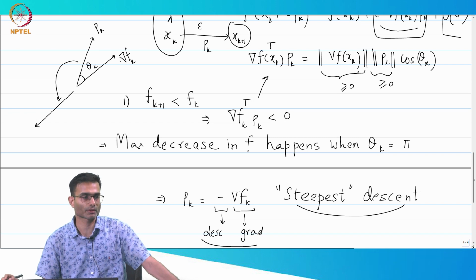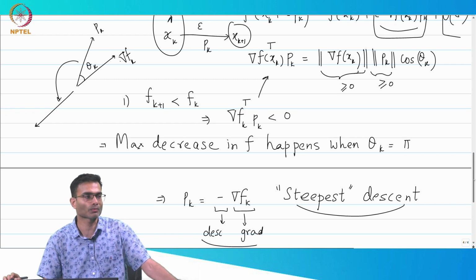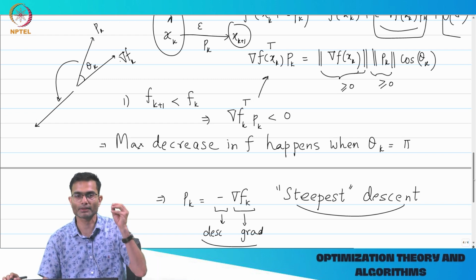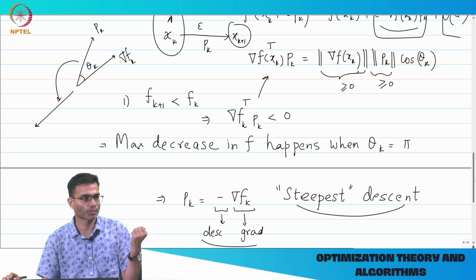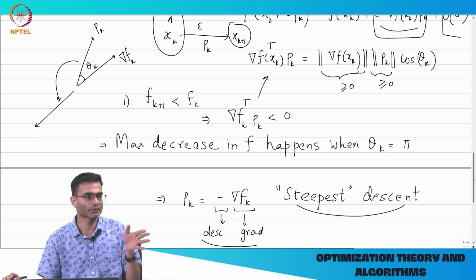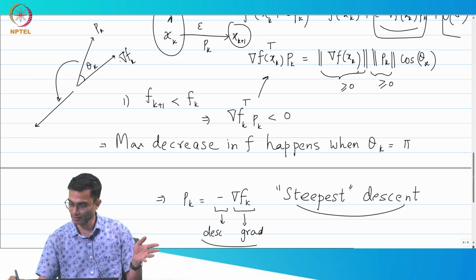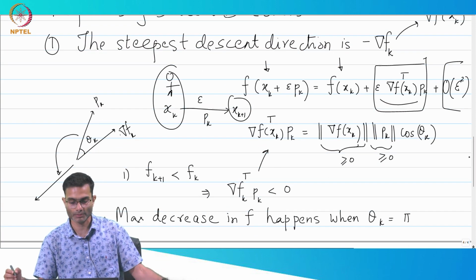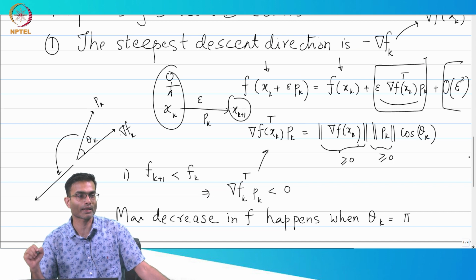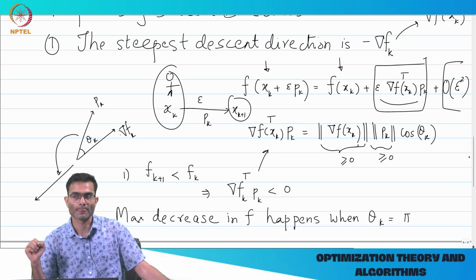That's all there is to it, you know, and large parts of machine learning are built on just this algorithm where I don't have to cook up a direction each time. Calculate the gradient of the function, put a minus sign, you've got your direction in which to go. It will work as long as what? Keep the approximation in mind. This will work as long as epsilon is small, right?